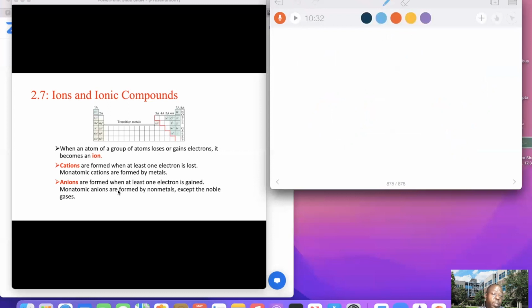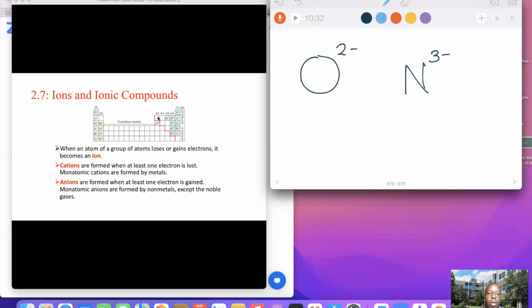It's not always 1. Group 6A will gain 2 in order to make it 8. Group 7 will gain 1 to make it 8. Therefore, you will see all group 6 with negative 2. If it is group 5, it will have negative 3, for nitrogen.